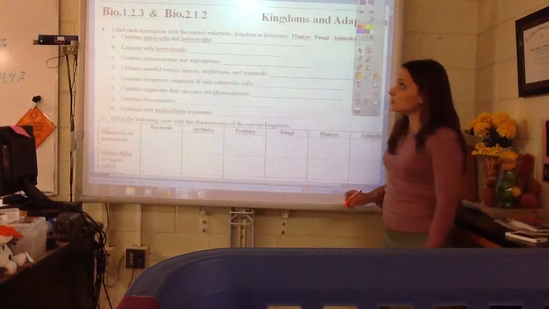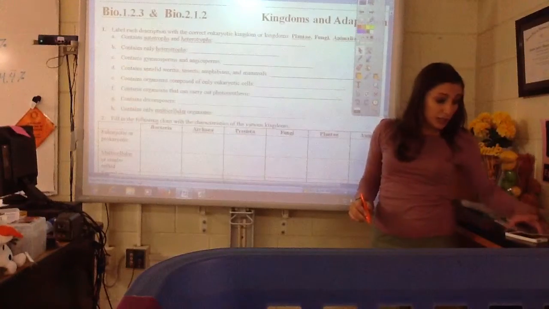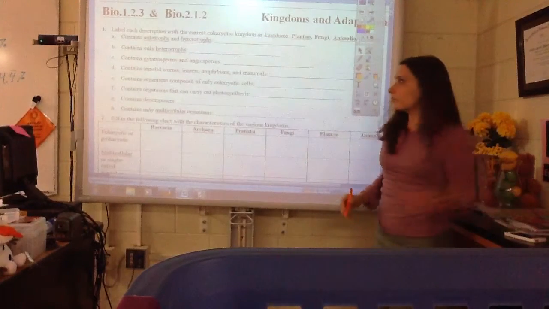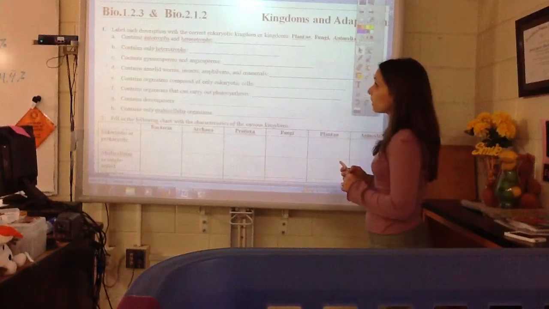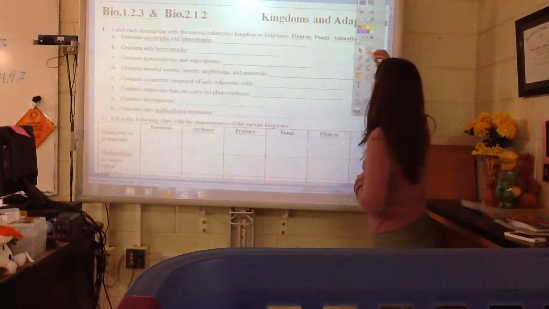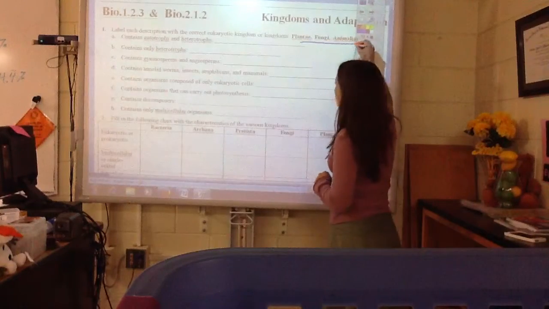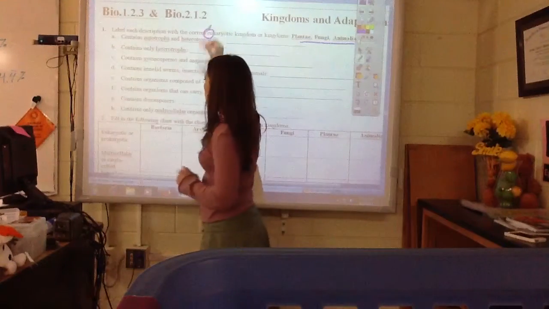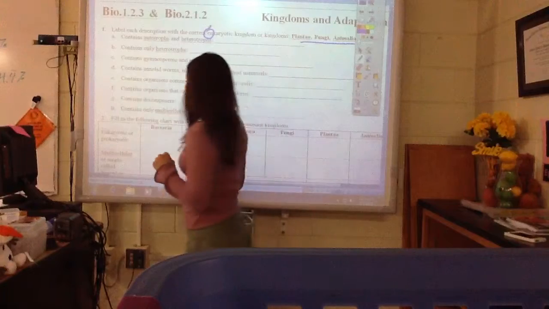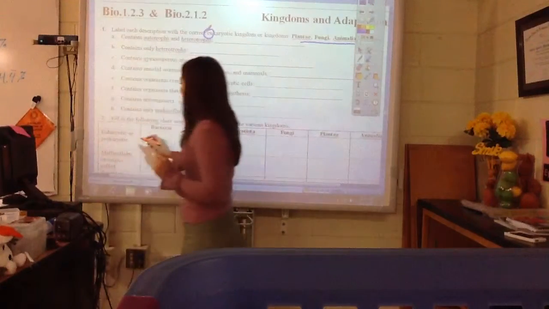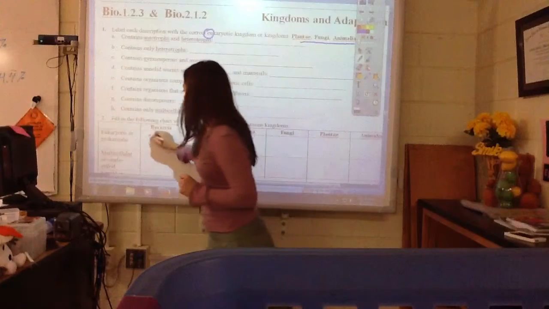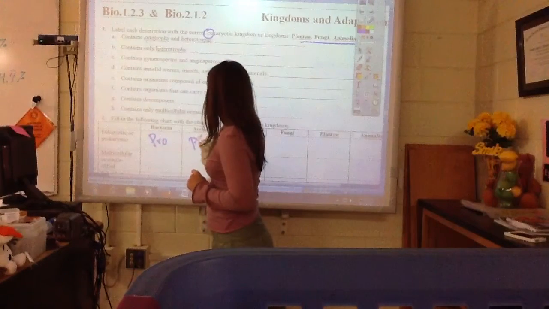Next we have kingdoms and adaptations, and so I'm going to keep going for just a few more minutes. Label each description with the correct eukaryotic kingdom or kingdoms. So remember, there are 4 eukaryotic kingdoms. There are 2 that are prokaryotic. And so if you look at number 2 down here, bacteria and archaea are both going to be prokaryotic.